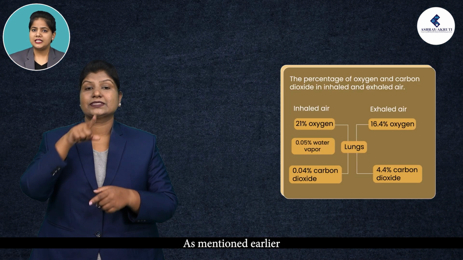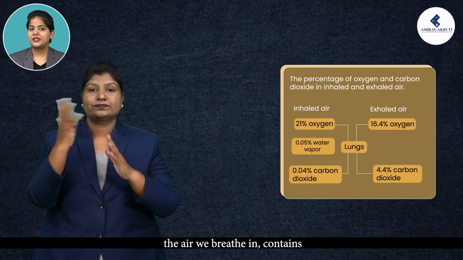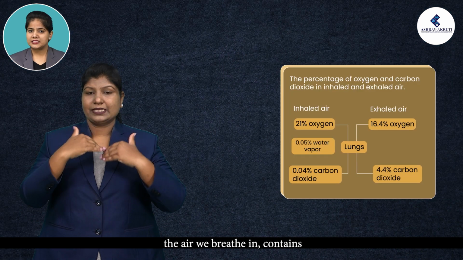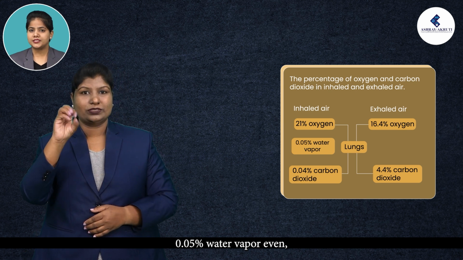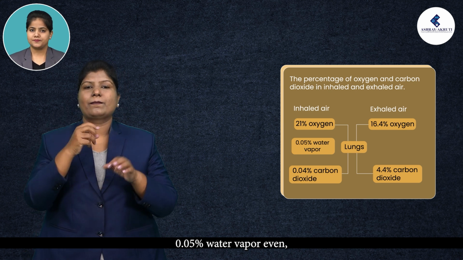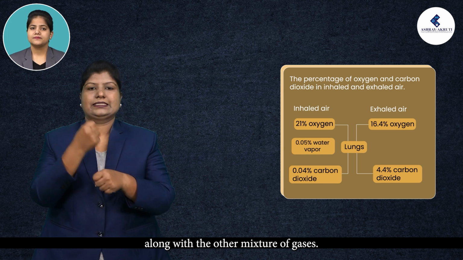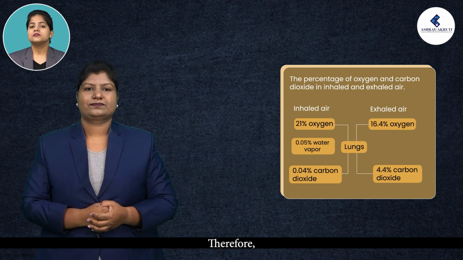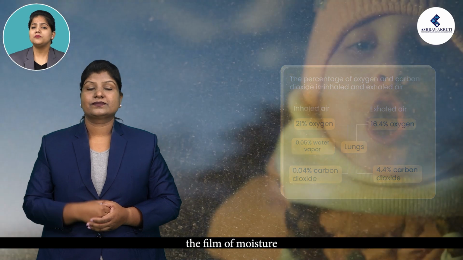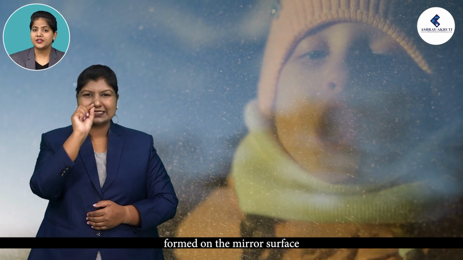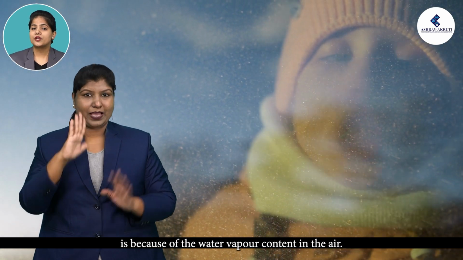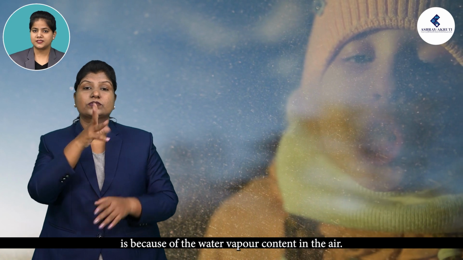As mentioned earlier, the air we breathe in contains 0.05% water vapor even, along with the other mixture of gases. Therefore, the film of moisture formed on the mirror surface is because of the water vapor content in the air.